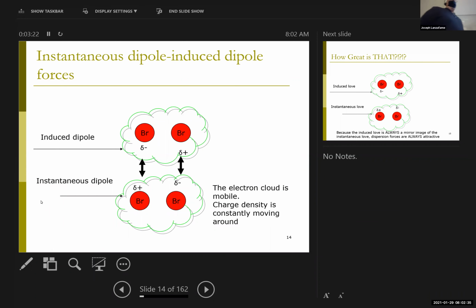Again, as long as that neighboring molecule is close enough to feel the charge separation. This is the thing that is universally true of all of my intermolecular forces.